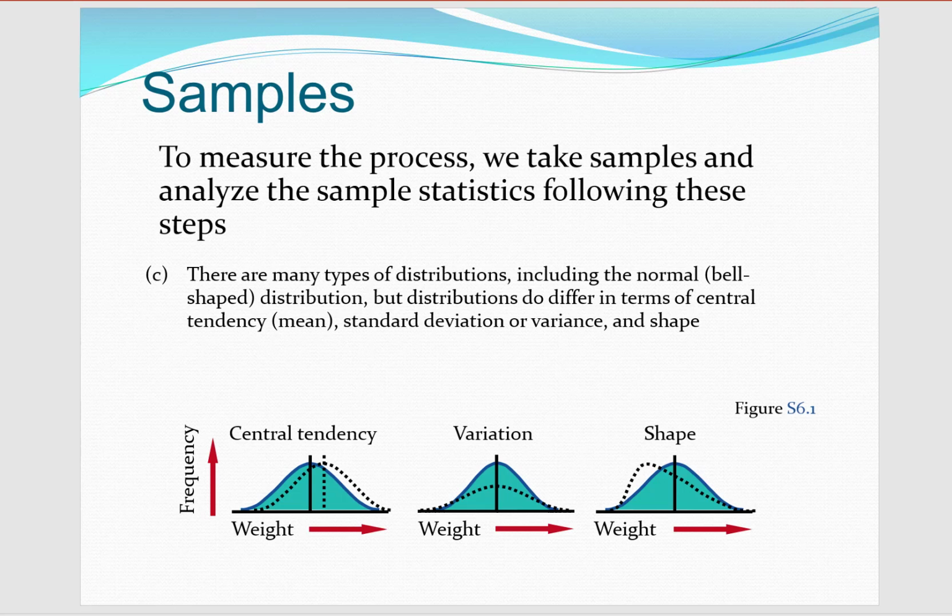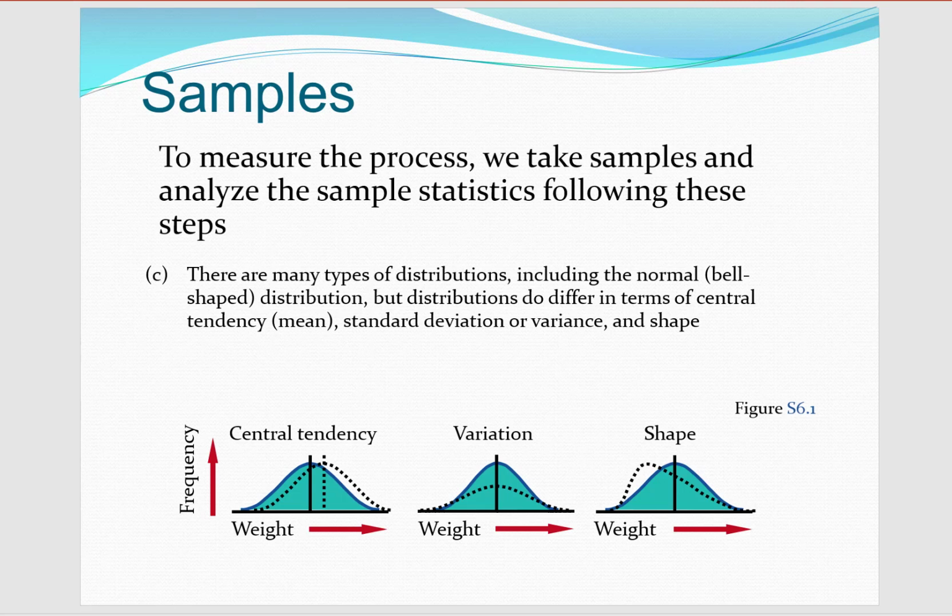process will have its own distribution, and there are different distributions. Could be normal, or it could be binomial, or it could be any type of distribution.